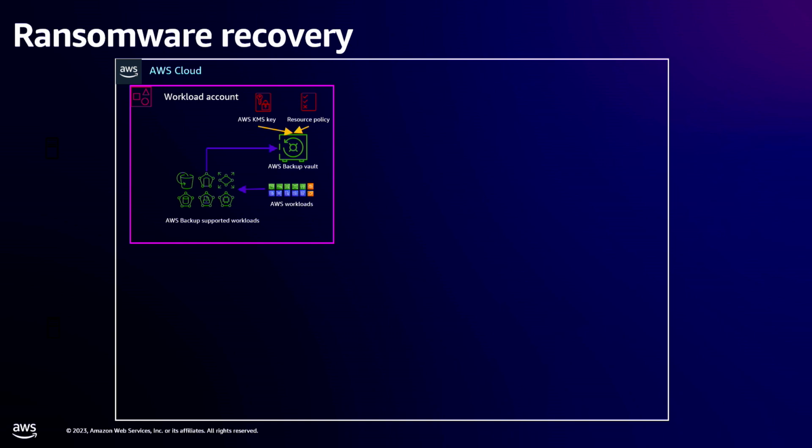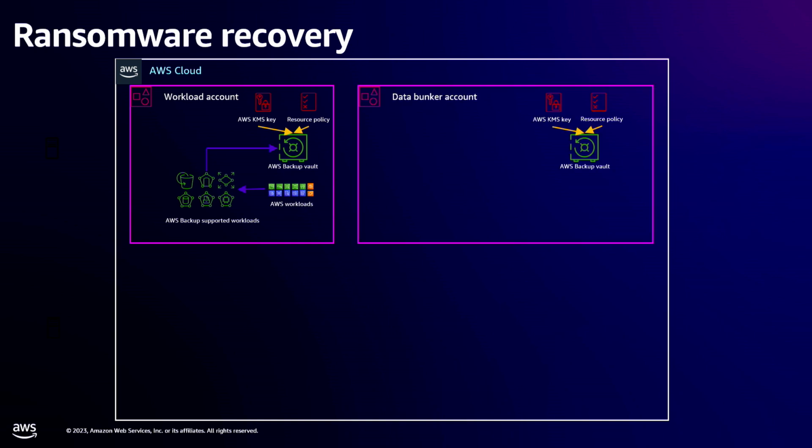Did they have access to the account? Did they have root access to the account? Did they steal identity? How did that happen? We definitely don't want to understand that while we're impacted. So what we want to do is to isolate and separate the different problems.